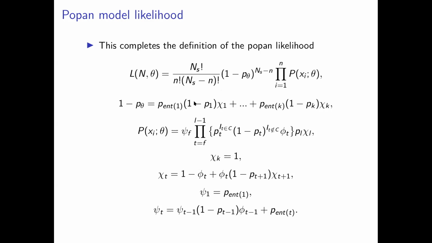And in the next section, I'll be talking more about parameter identifiability issues and an extension of Popan models to models which give us an estimate of the population growth rate over the course of the study, assuming that it's a constant growth rate for the population.